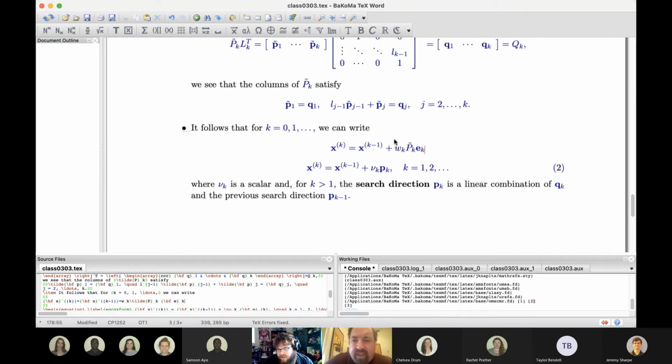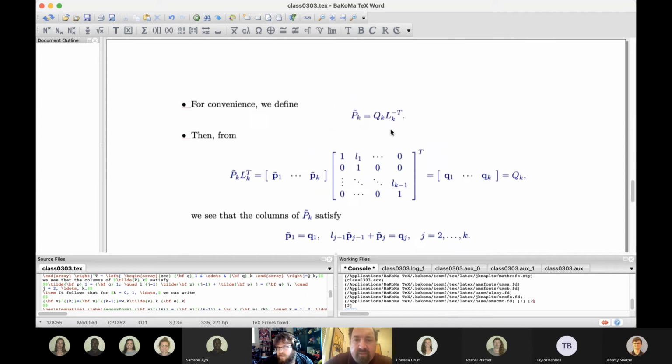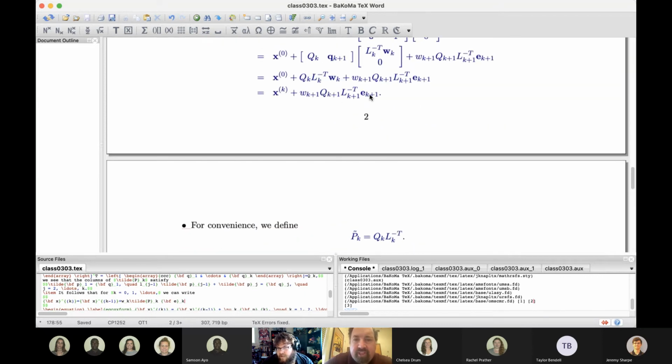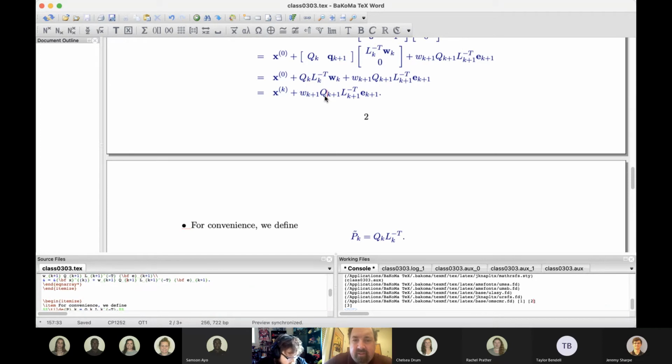That is exactly what I had before. I've just shifted the indices throughout, and this matrix product is the definition of p_k tilde.